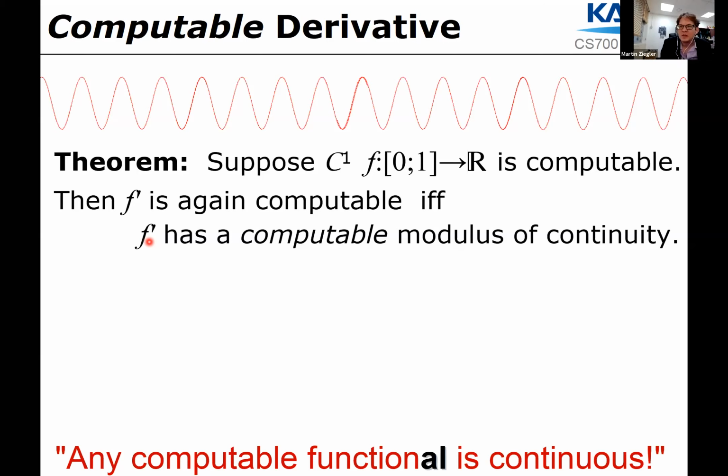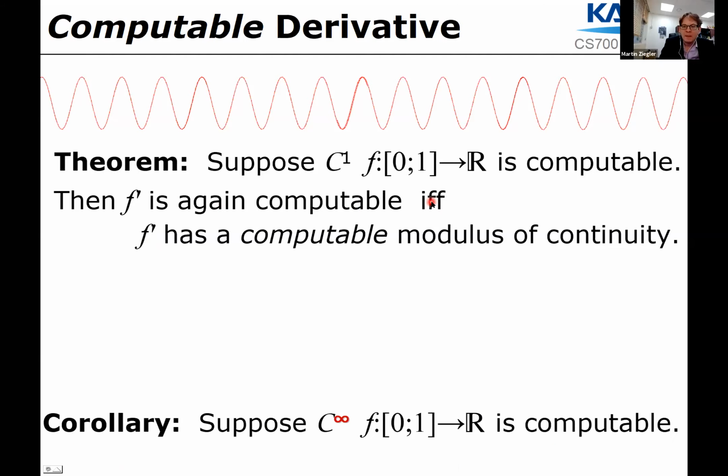And that's maybe quite surprising. So let us have a look at this interesting direction of this equivalence if and only if. But first, let's consider another interesting corollary for that. Maybe let's consider a C infinity function, a smooth function, a function which is infinitely often continuously differentiable, like this function here, right?